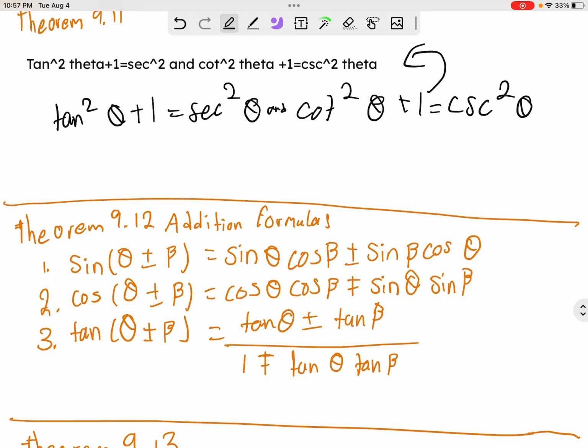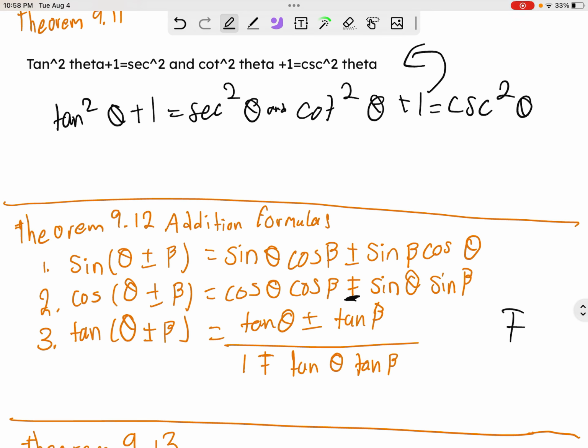Then we'll go to theorem 9.12, addition formulas. So over here, sine of theta plus or minus beta will be equal to sine theta cos beta plus or minus sine beta cos theta. Then we'll say the same thing, but this you should watch out for.